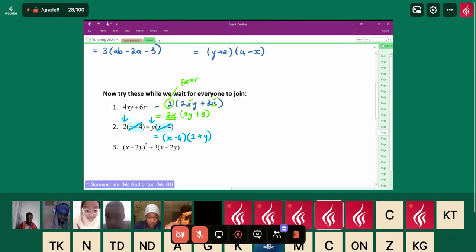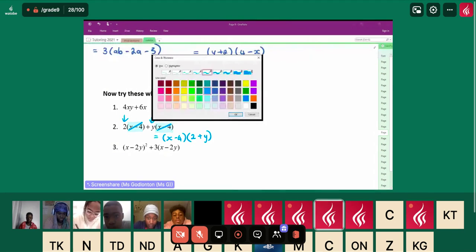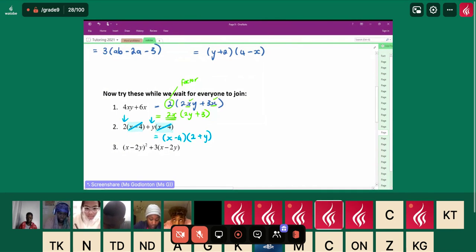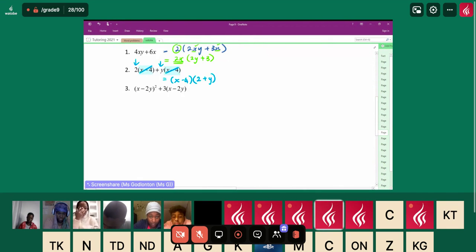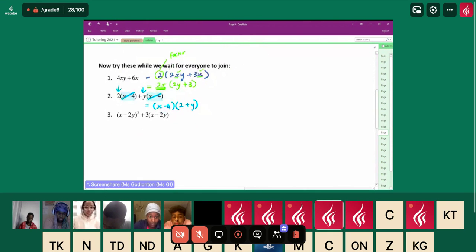I'm going to give you a hint that this is one of those ones where we're wanting to write the first bracket out twice because it's squared. So we're going to want to write this one out like this, just to help us see what we would have left. Let's see if that helps anyone.